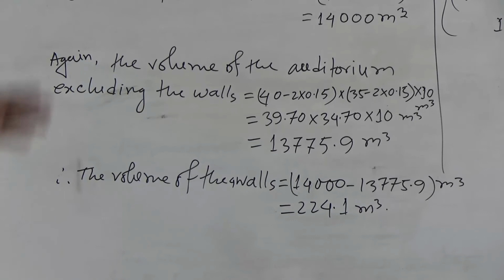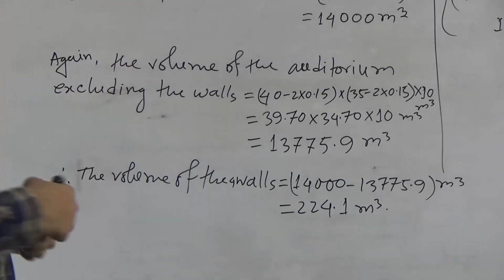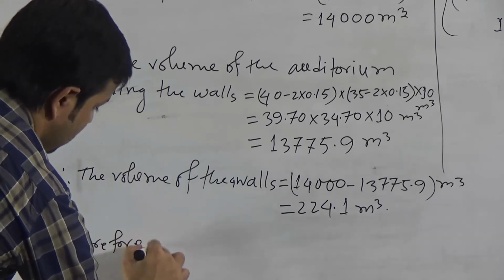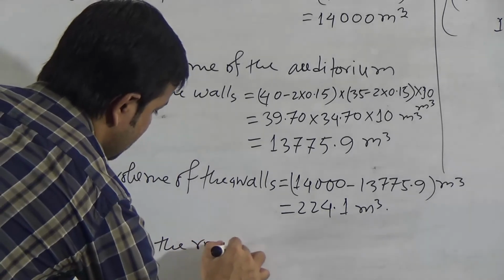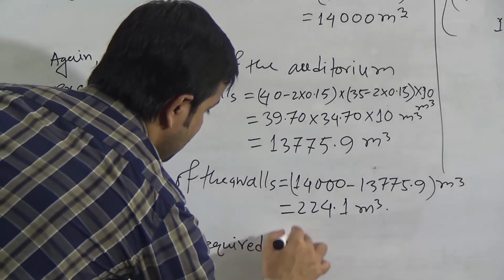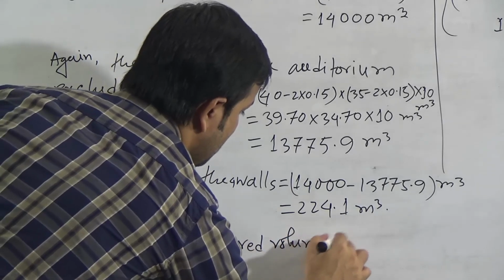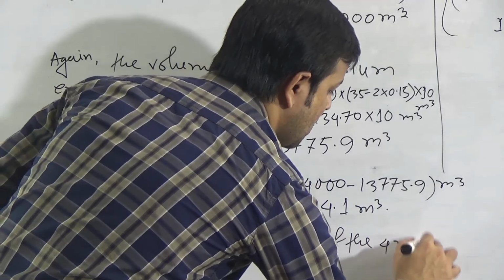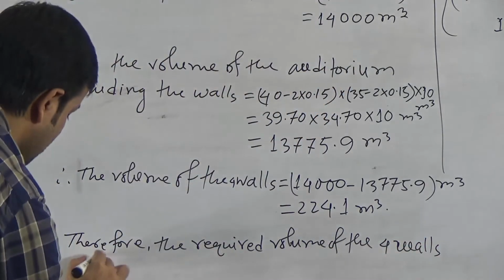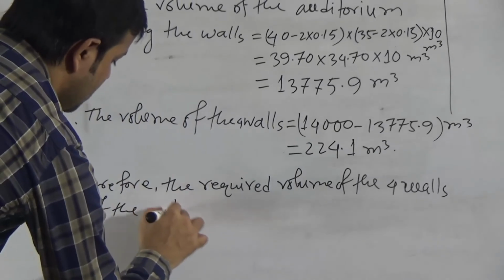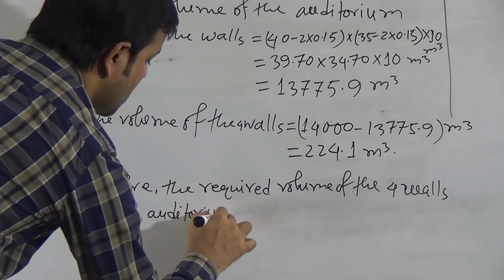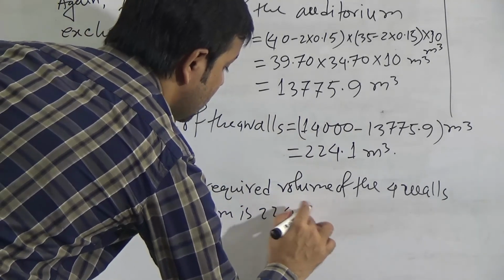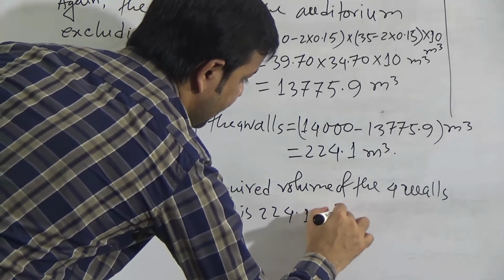So we can say the required volume of the 4 walls of the auditorium is 224.1 cubic meter.